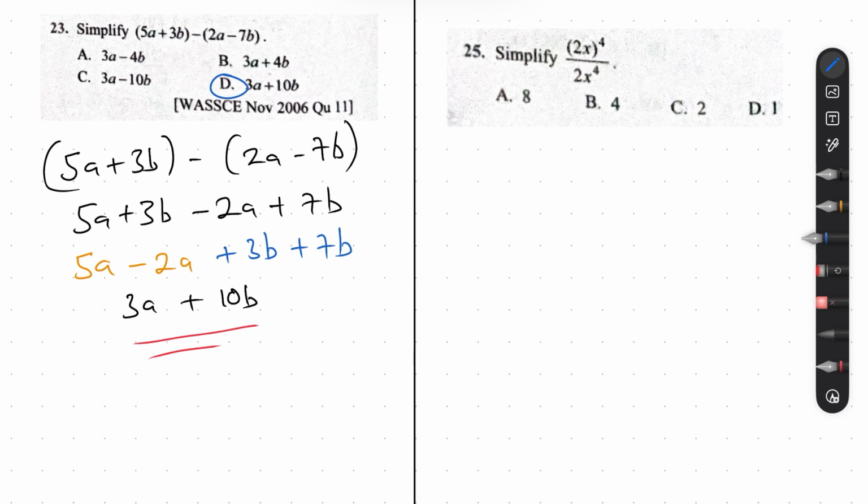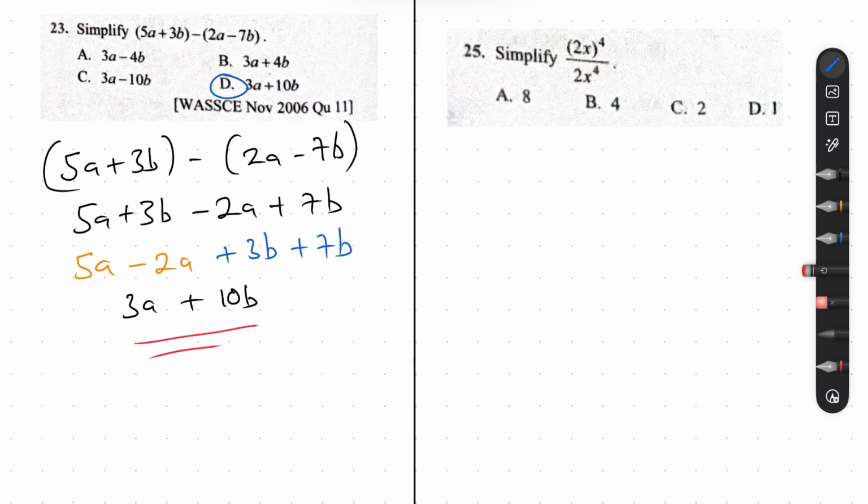Question number 25 says, simplify 2x to the power 4 divided by 2x to the power 4. What's the difference between the numerator and the denominator? In the numerator, everything is raised to the power 4, and at the bottom it's only x that is to the power 4, so you have to be careful.